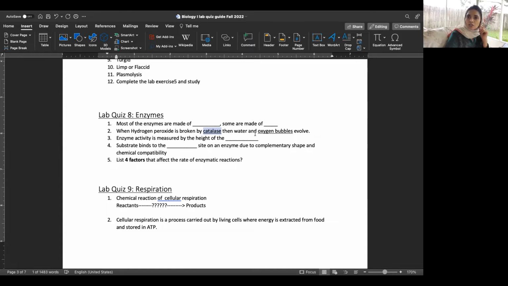I know Joanna knows. Sana, you raised your hand. Yes, Joanna. The catalase is the enzyme. Good. How do you know? Because it ends in ASE. Exactly. That's a hint. The reason why I asked that question is because there is a hint there.